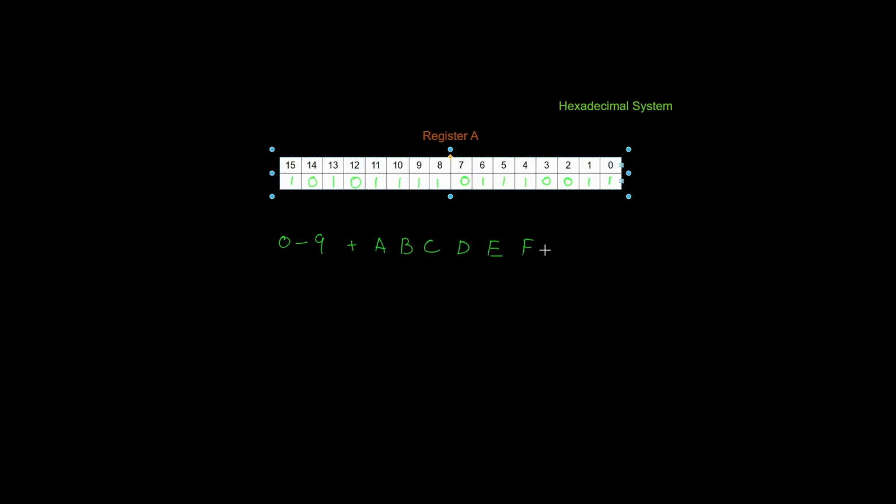So why do we do it this way? As you can see, it goes 0 through 15. And in the previous discussion, when we were talking about binary, how many bits did it take us to be able to count till 15? If you remember, we went from all zeros to 1, 1, 1, 1, which is 15, right?